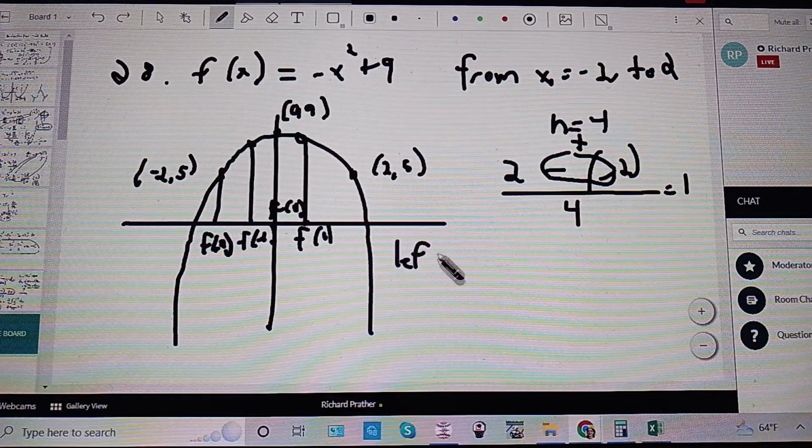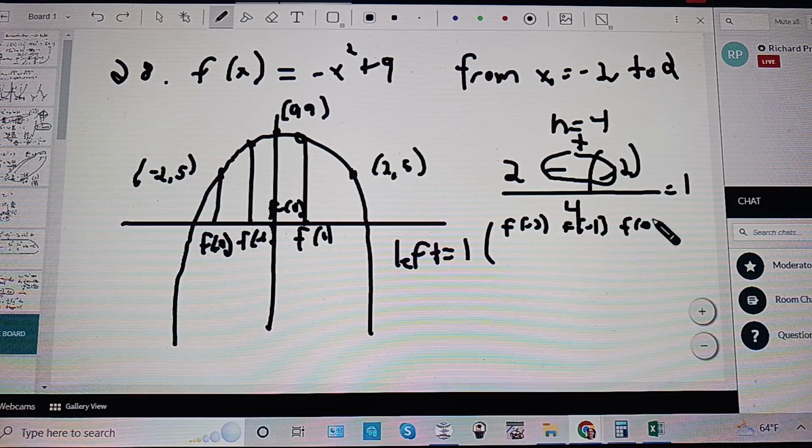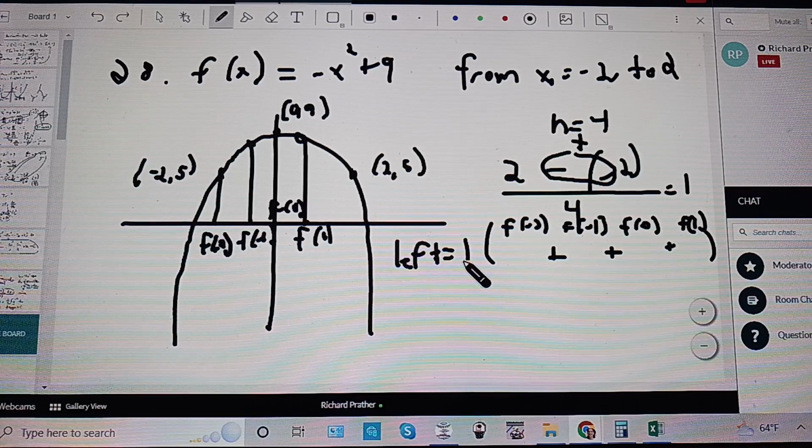That helps because then I can just factor out a 1. I evaluate these 4 things, f of -2, f of -1, f of 0, and f of 1, add all these together, and then multiply by the width of each rectangle, which if it's 1, helps because you don't have to worry about it.